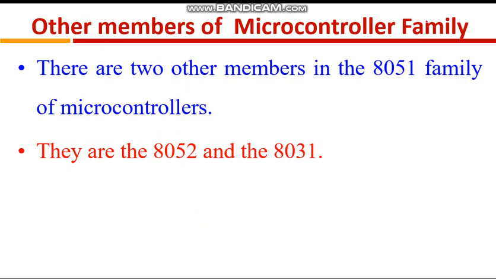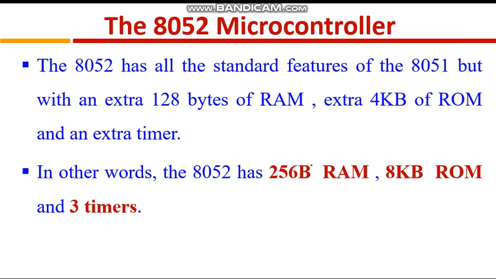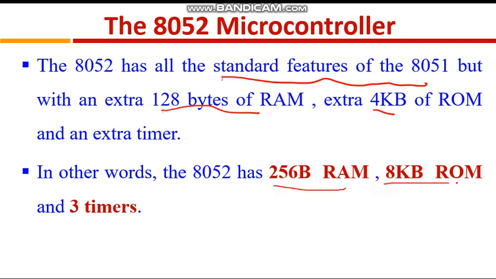Other family members of the controller are 8052 and 8031. If we speak about 8052, it has all the standard features of 8051, but with extra RAM and extra ROM. So we can say in 8052 we have 256 bytes of RAM and 8 kilobytes of ROM plus 3 timers.